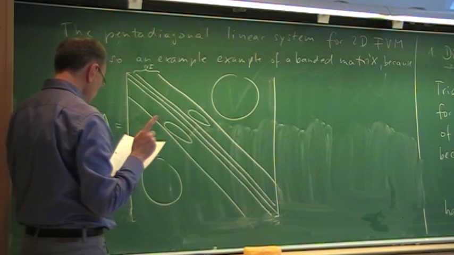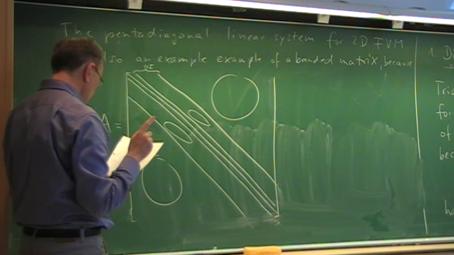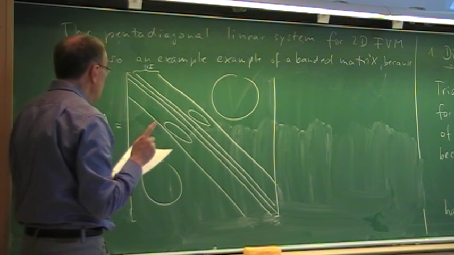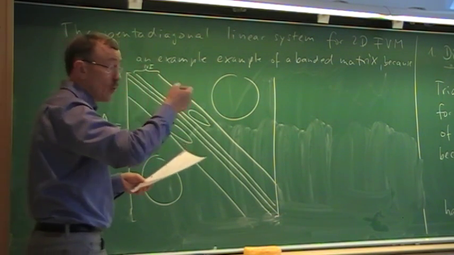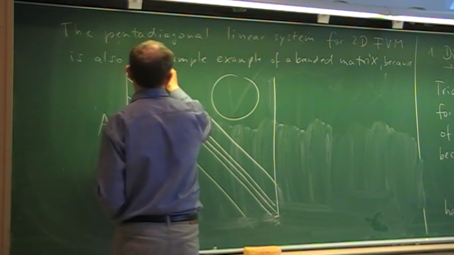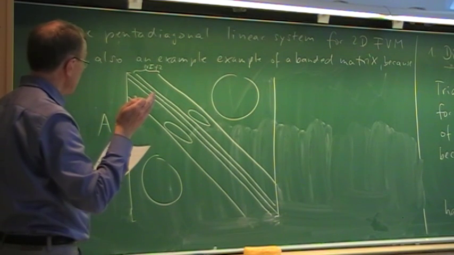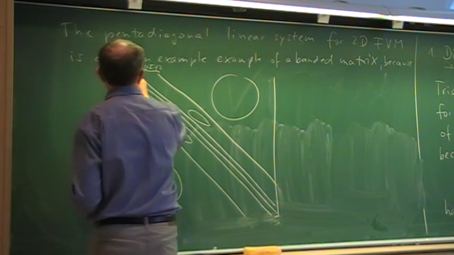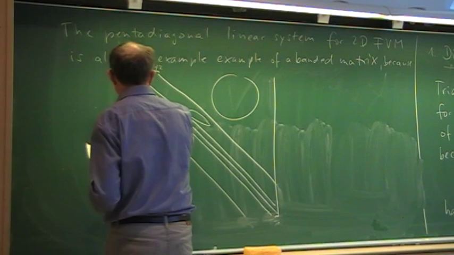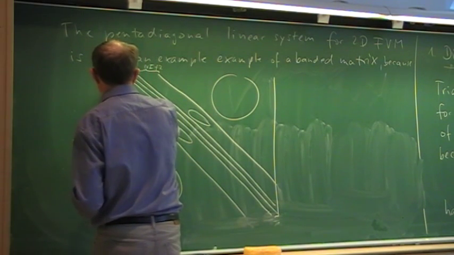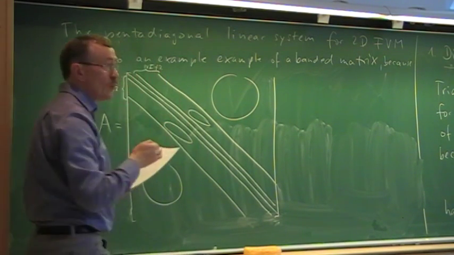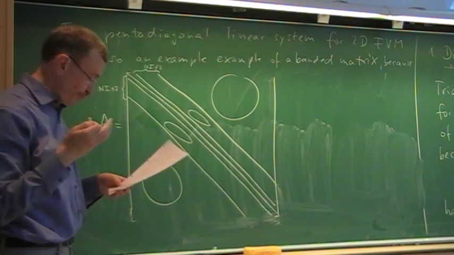I think in our case we would actually have Ni plus 2, because we have taken the boundary conditions into account. If we did not have the boundary conditions taken into account, it would be Ni. And here we have the same. So that means in our case the bandwidth is Ni plus 2.